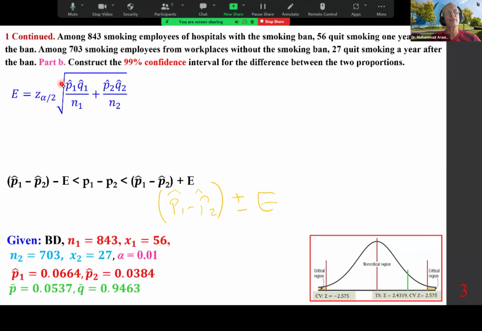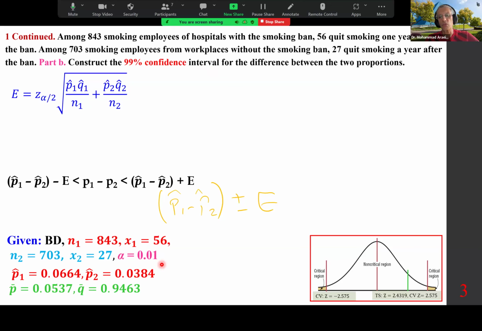And because this is a 99% confidence interval, with alpha being 0.01 for the test of hypothesis, since these two numbers, 0.99 and 0.01, add up to 1, that means a 99% confidence interval and a two-tailed test with alpha 0.01 are equivalent.